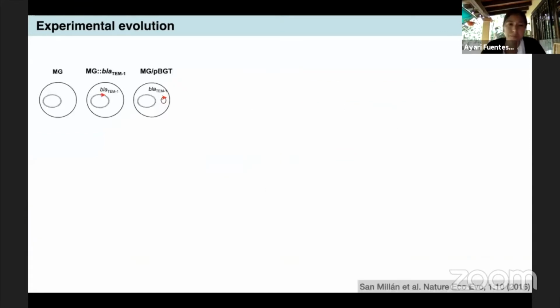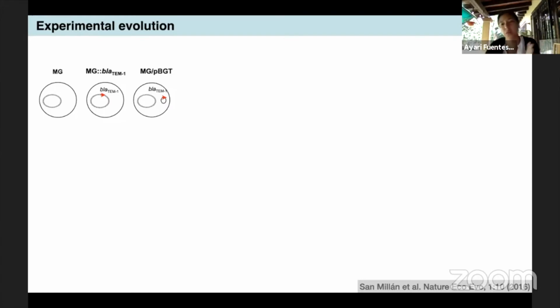We also collaborate with a group in Madrid, Álvaro and Millán, who did a really nice experiment where they compare this plasmid system with two other strains.